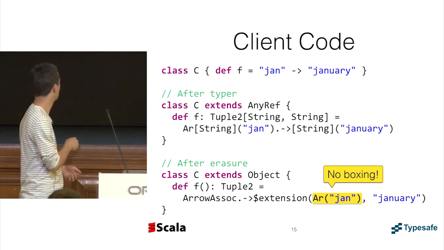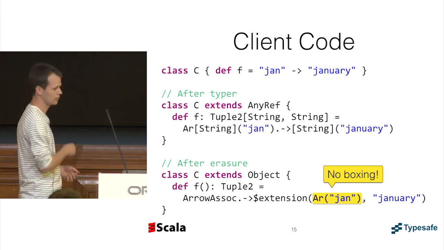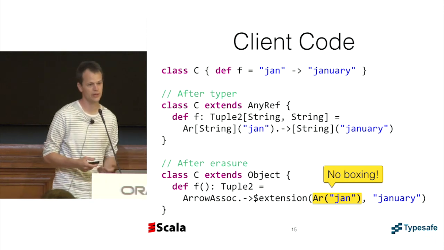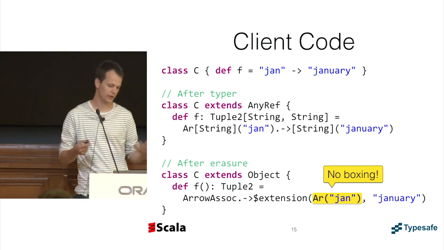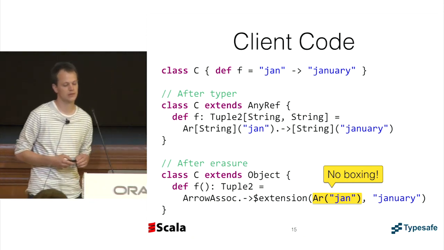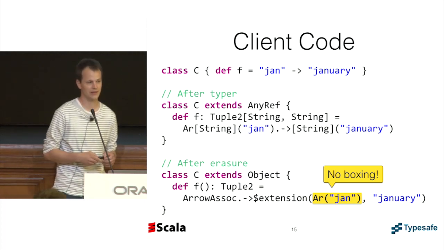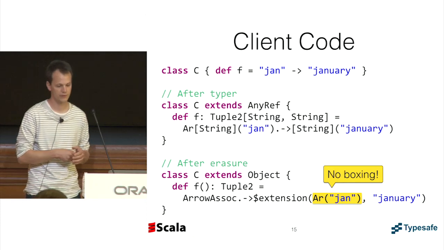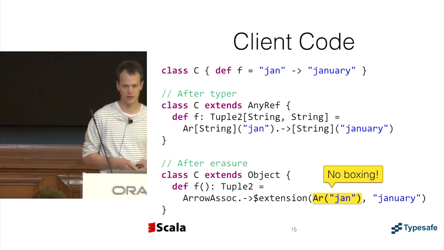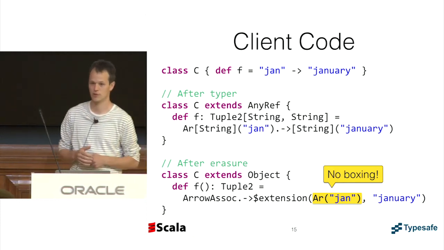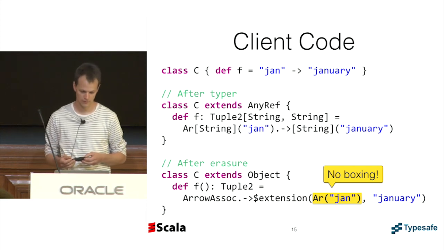It rewrites the call, and this call to the factory method actually is still there. It's not eliminated by the erasure phase, but it doesn't matter because it's not creating an actual instance of the Arrow class. Because, as I showed before, the factory method is simple identity, so it just does nothing.